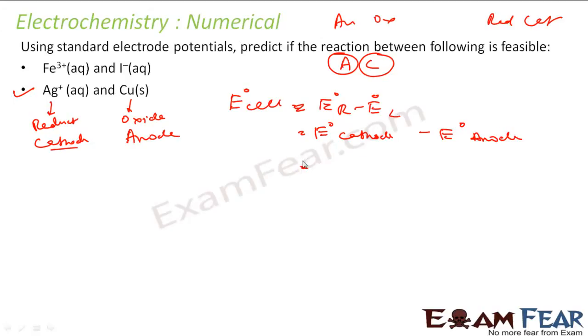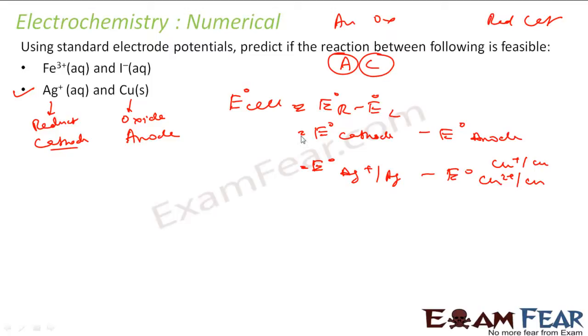E0 cathode, this is my cathode, I'm talking about Ag+ to Ag reduction, and E0 anode, I'm talking about Cu2+ to Cu reduction. Correct? See, there is a doubt here. I can take Cu2+ to Cu also, or I can take Cu+ to Cu also, right?